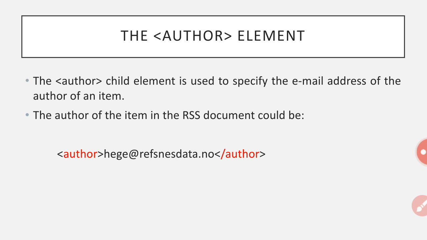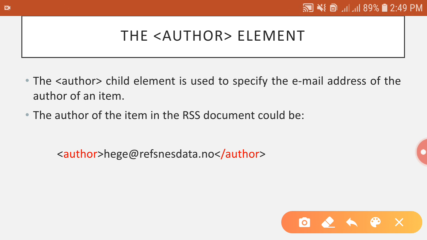The first optional child element of the item element is author. The author child element is used to specify the email address of the author of an item. So, see this example here.